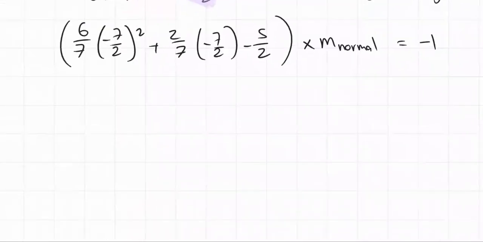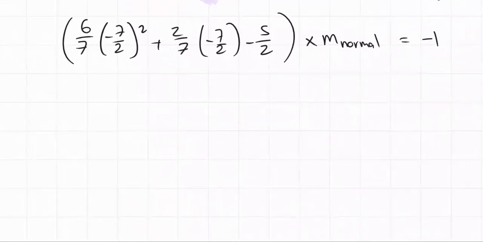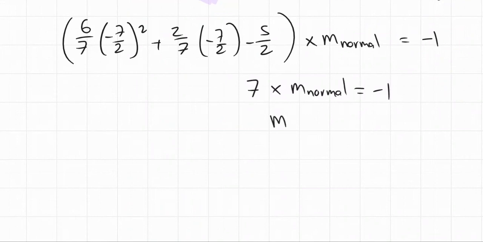All right, so carrying on with this logic, all of this on the calculator, and I get 7. 7 times the gradient of the normal, just for teaching purposes, you don't have to write this down every time, is equal to -1. You divide both sides by 7, and the gradient of the normal is equal to -1/7.